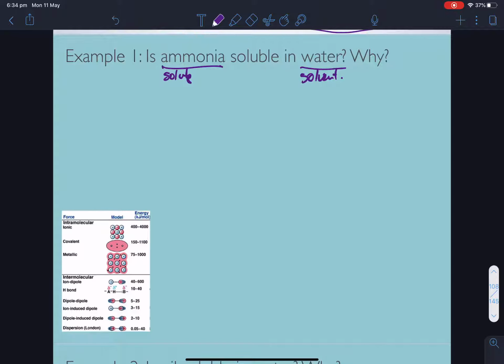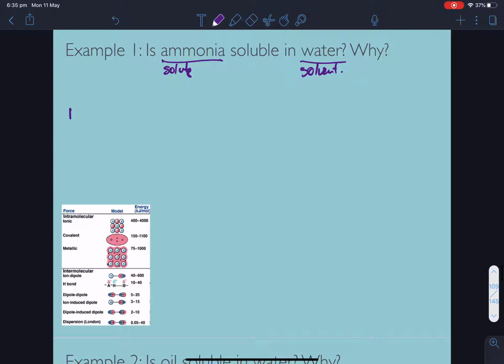What we need to do is consider the three possible interactions between these molecules and diagnose for each set which intermolecular forces are there. One option is between ammonia and water, one molecule of each.